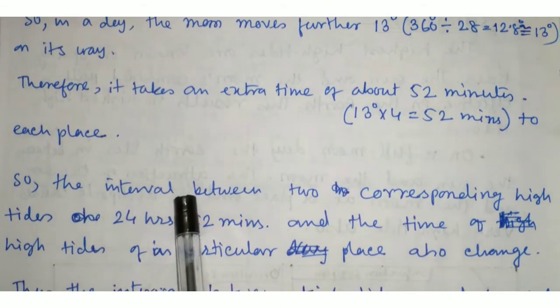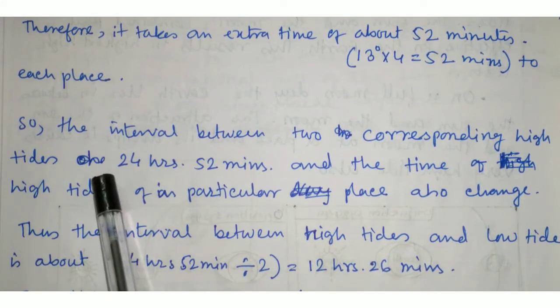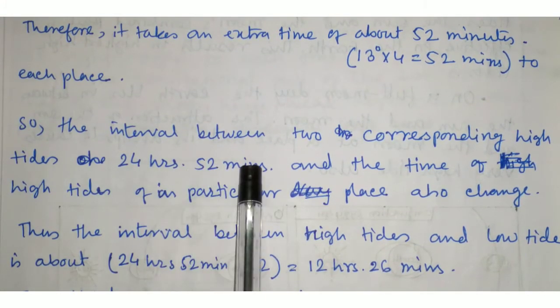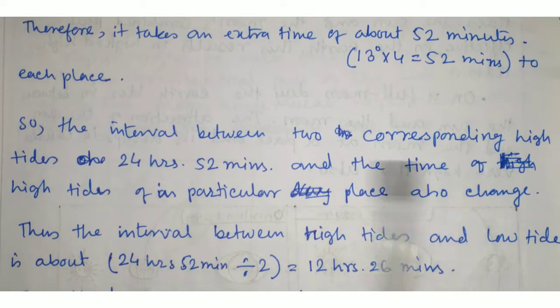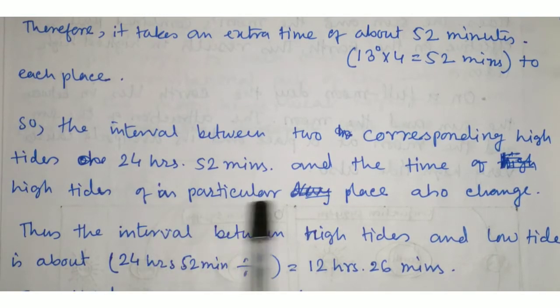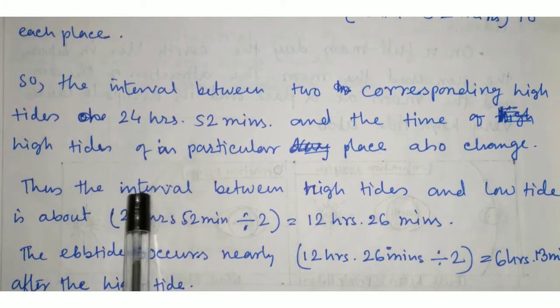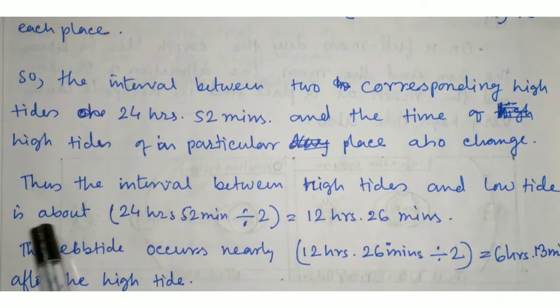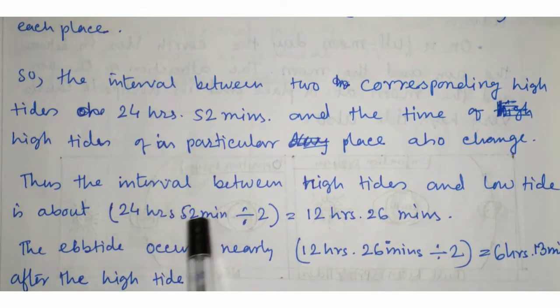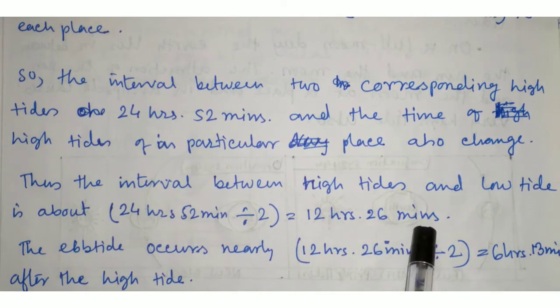So, the interval between two corresponding high tides is 24 hours 52 minutes, and the time of high tide of a particular place also changes. Thus, the interval between high tide and low tide is about 24 hours 52 minutes divided by 2, that means 12 hours 26 minutes.